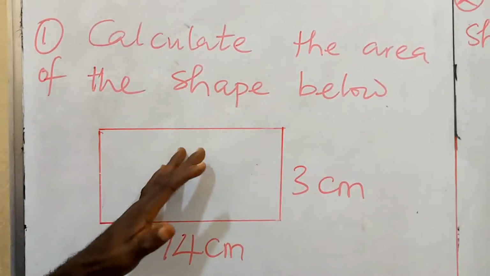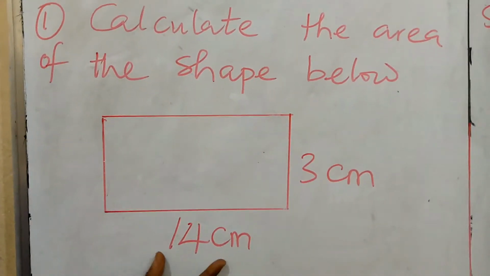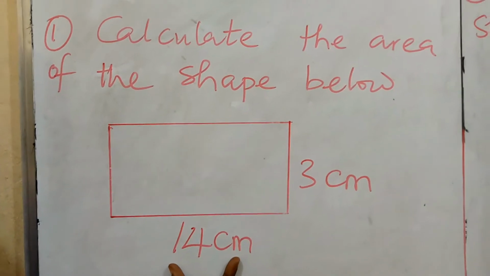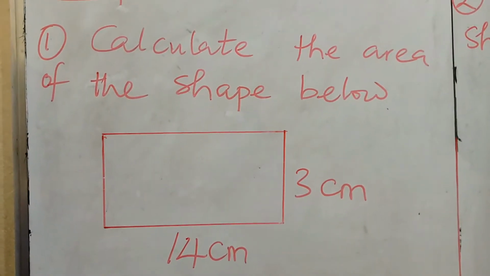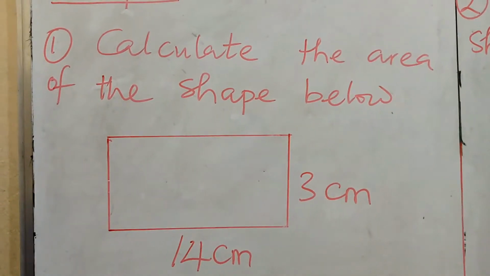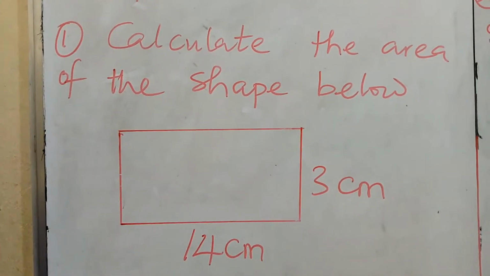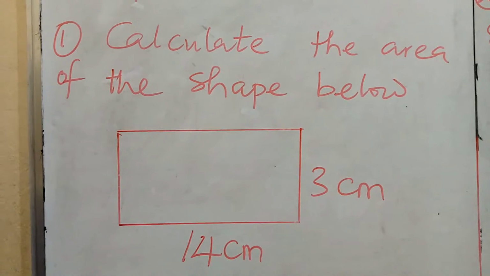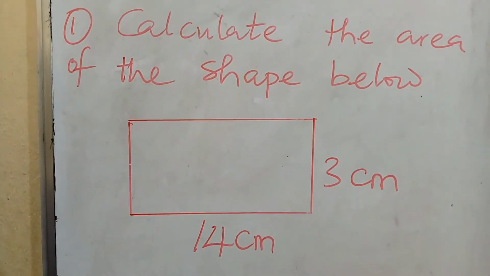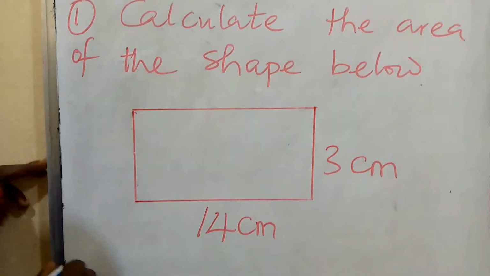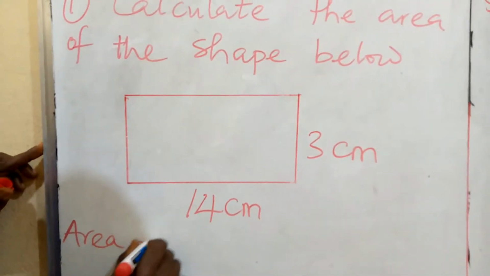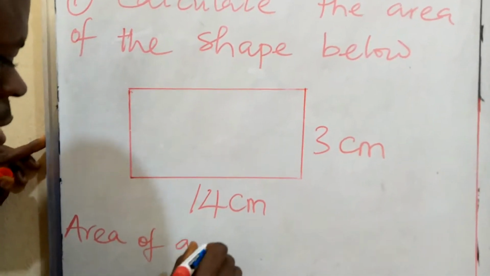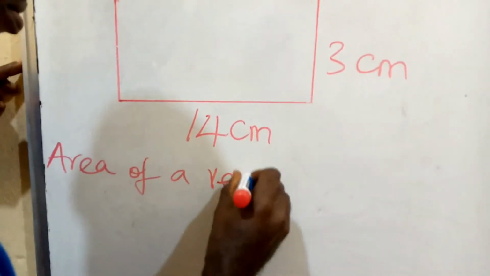Looking at this rectangle, the length has been given to be 14 centimeters, and the breadth has been given to be 3 centimeters. Next, what is the formula for calculating the area of a rectangle? We write area of a rectangle.